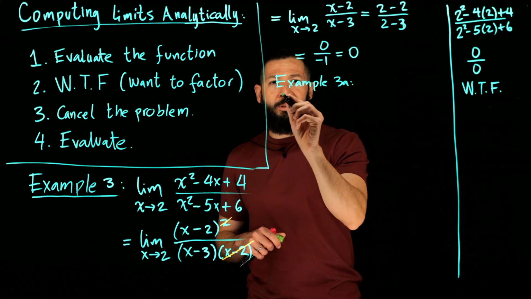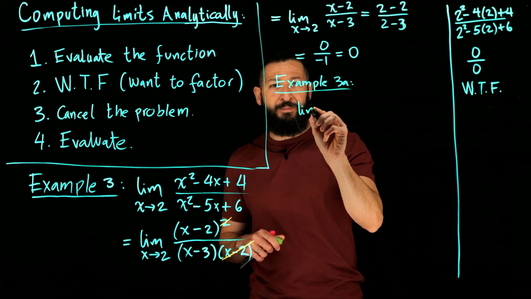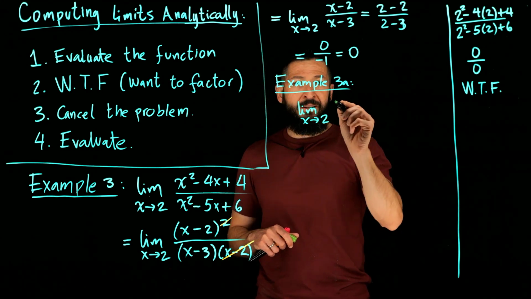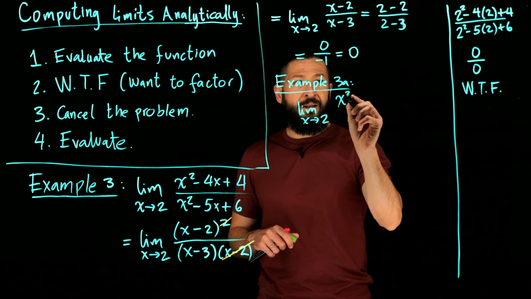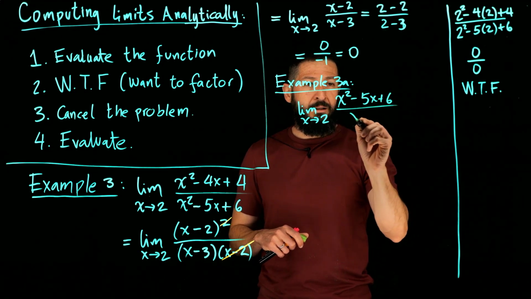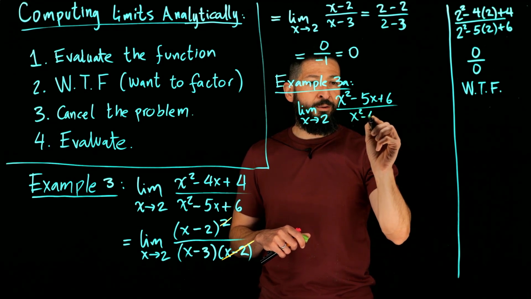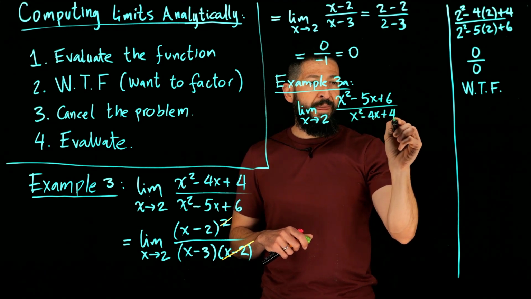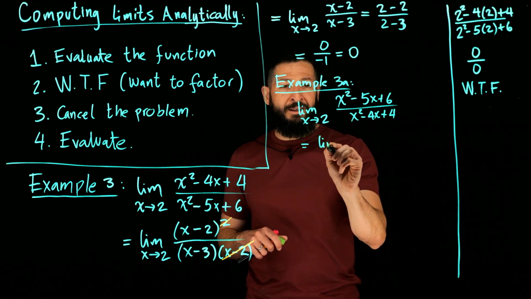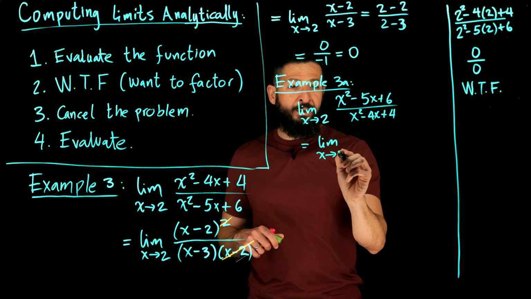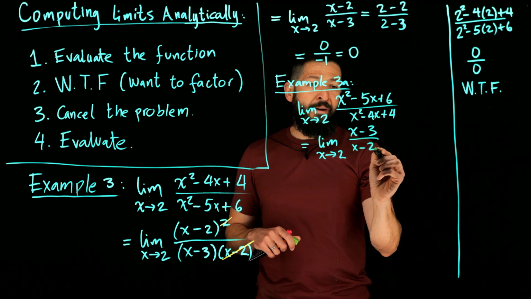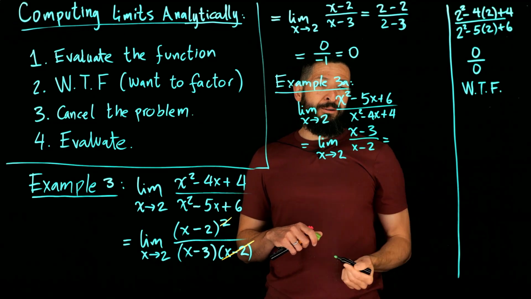If you were to do the reciprocal of this function, x goes to 2, and instead of doing the function itself, but the reciprocal, square minus 4x plus 4, then you would get that after you do all the algebra, you end up with the limit, same algebra we did before, you would end up with x minus 3 over x minus 2, and now your 0 would be in the denominator.